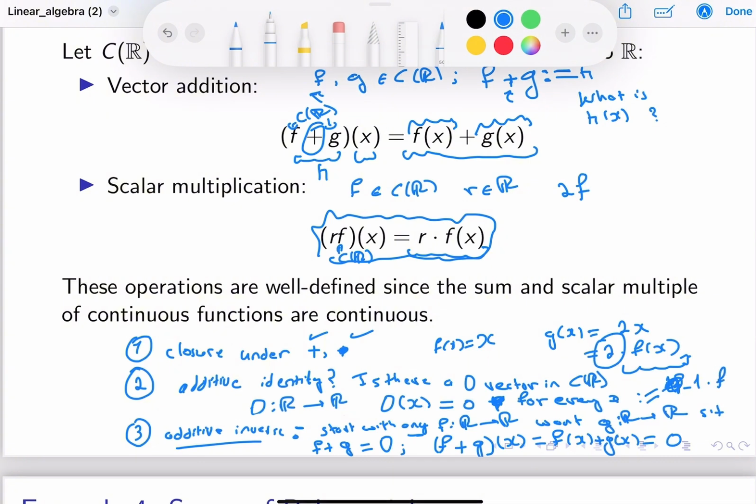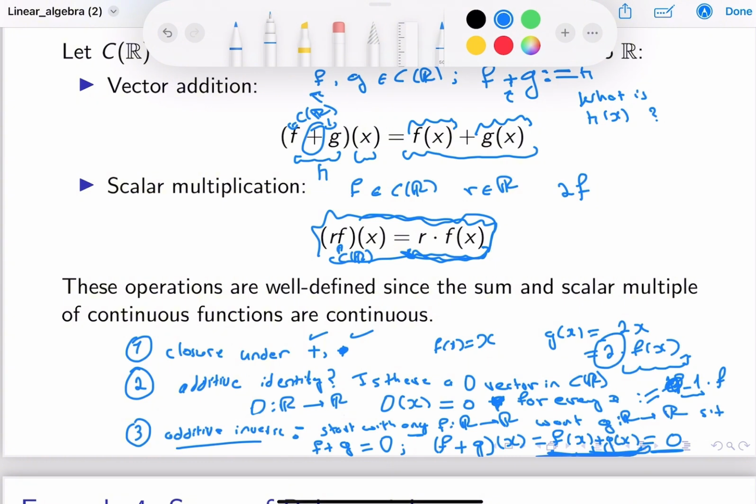Because f is a vector, I can multiply it by a real number. This is how scalar multiplication happens. So minus 1 times f at x is the same as minus 1 times f of x, in which case these two will cancel and you'll be getting 0.